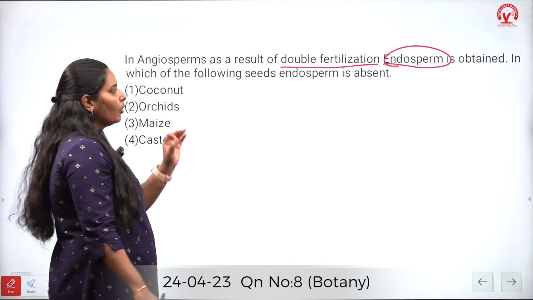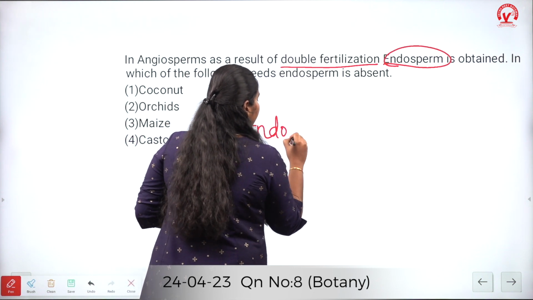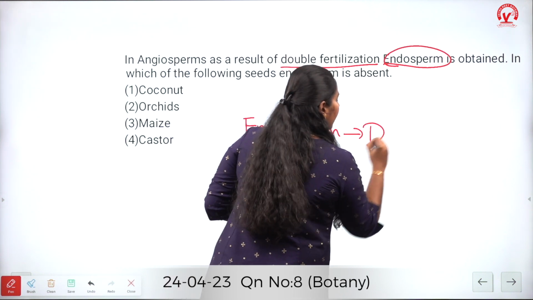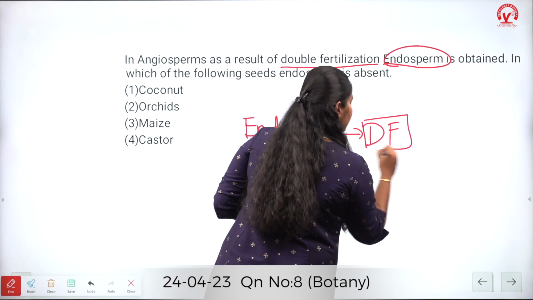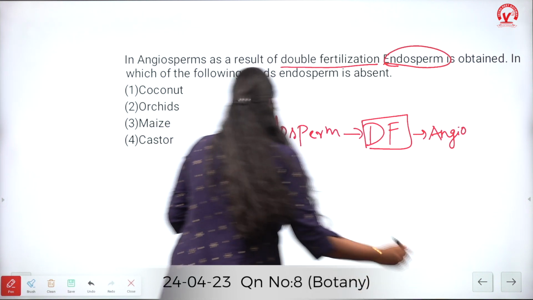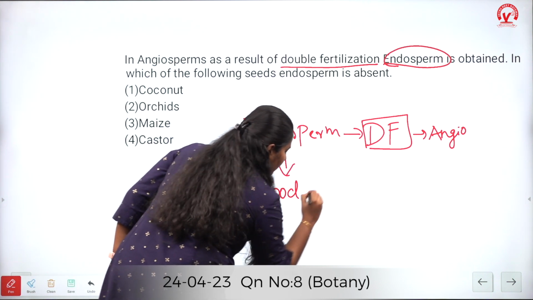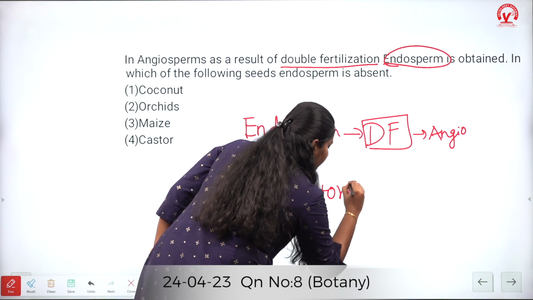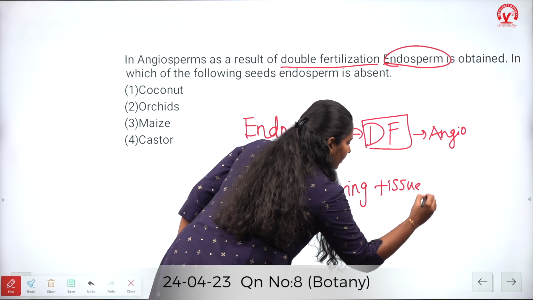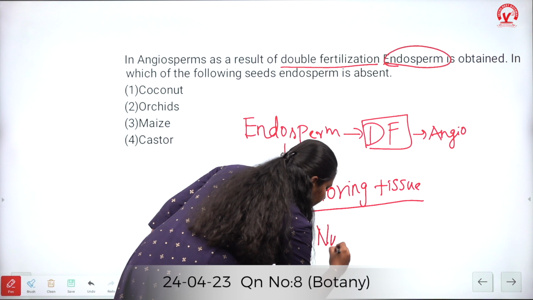First we need to know what endosperm is. This endosperm is usually obtained by the double fertilization process in angiosperms, and this endosperm is the food storing tissue which provides the nutrients.